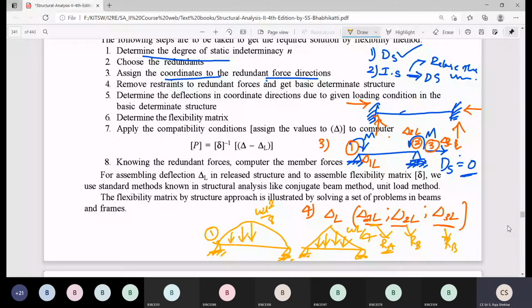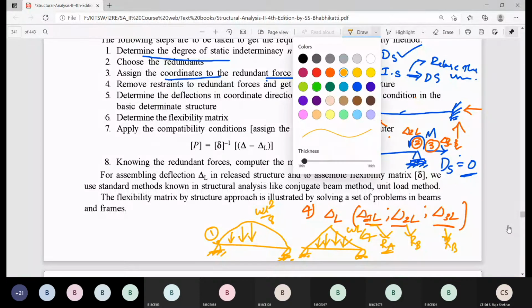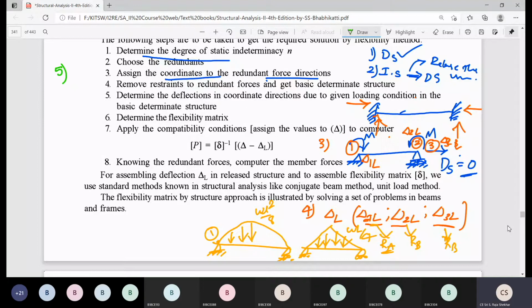In fifth step, step number 5, we need to calculate delta 11, delta 12, delta 21, delta 22. So the flexibility matrix coefficients we need to calculate. How to calculate the flexibility coefficients?